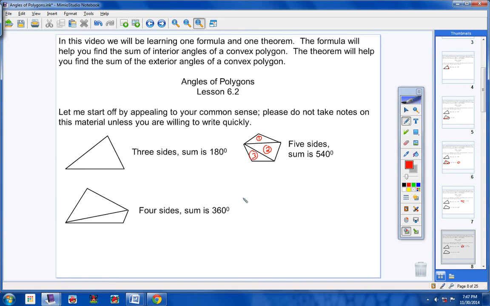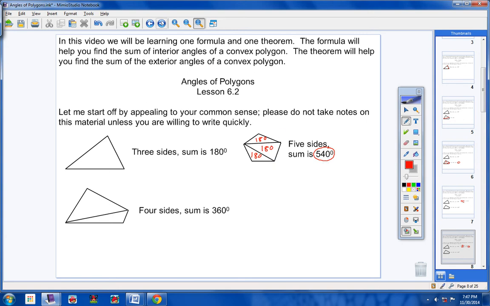I have 3 triangles, so I know all of the interior angles here add up to 180. All the angles here add up to what? 180. And all the angles here add up to what? 180. Well, 180 times 3 is 540. So if I have a 4-sided figure, the sum of the interior angles is 360. If I have a 5-sided convex polygon, the sum of the interior angles is 540.